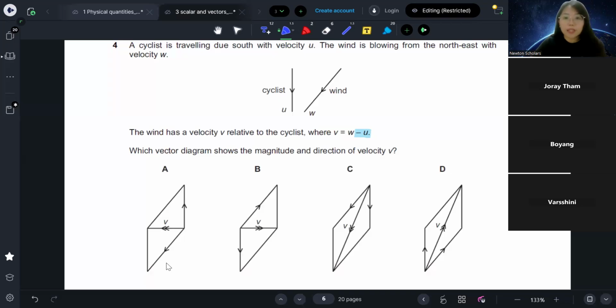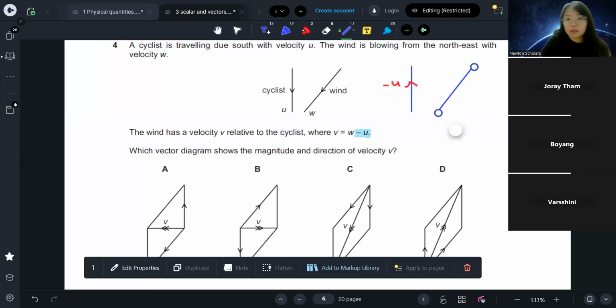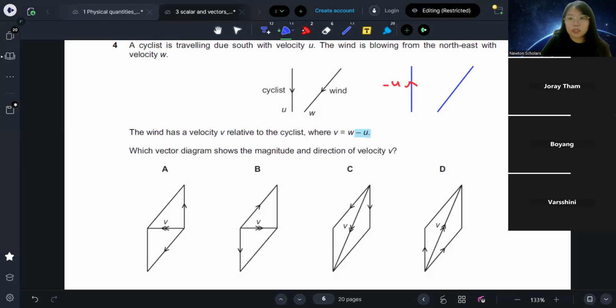I show you, W minus U. That means that U we have to change direction. So we draw it out first. Change direction, so I will draw like this, minus U. Then I have to join with this. These two diagrams, we have to use the parallelogram to join them together.